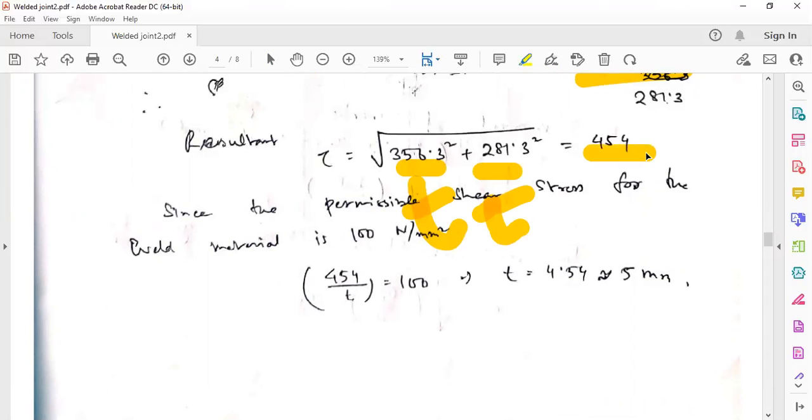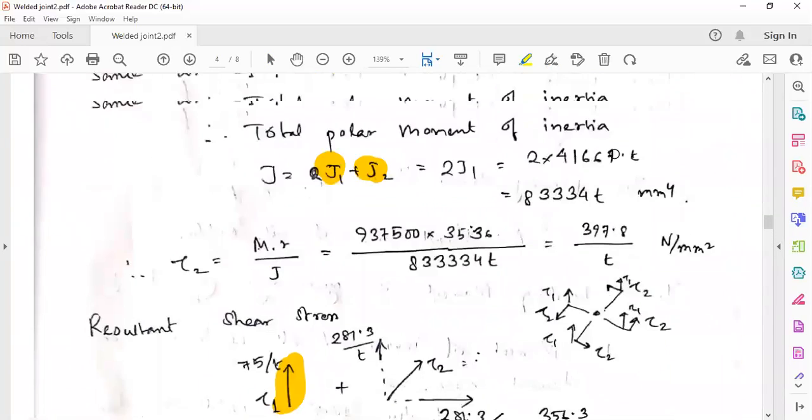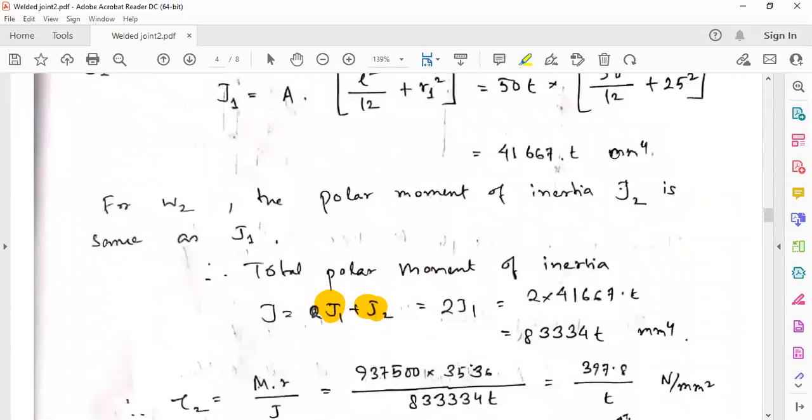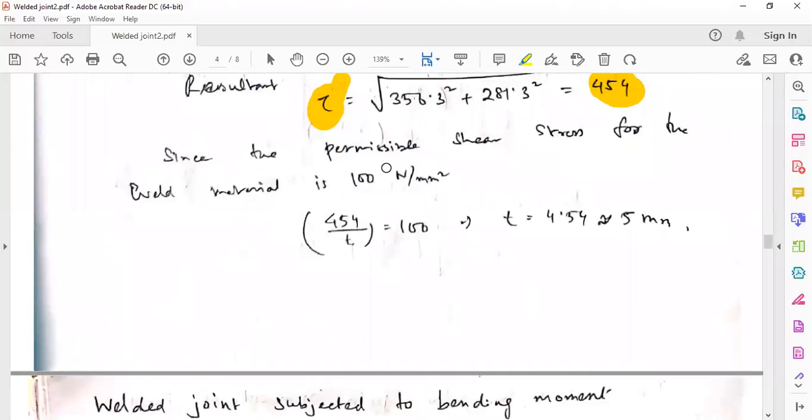So this will ultimately be 454 by t. This is the total shear stress that has to be prevented, and the permissible shear stress for the material is given as 100. So the combined shear stress result, 454 by t, should not exceed 100 as per the question.